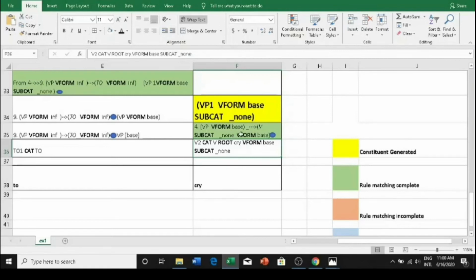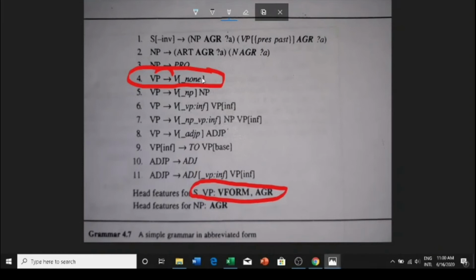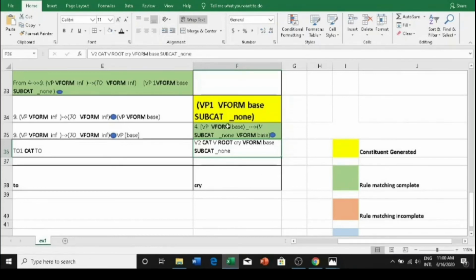So the subcat value is written on the right, and the vform value is base, as is written for v, and that vform value is also shared by vp.